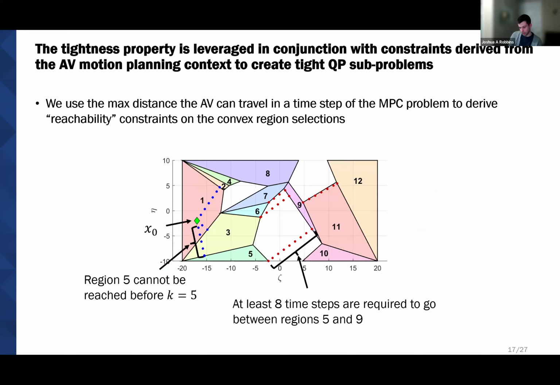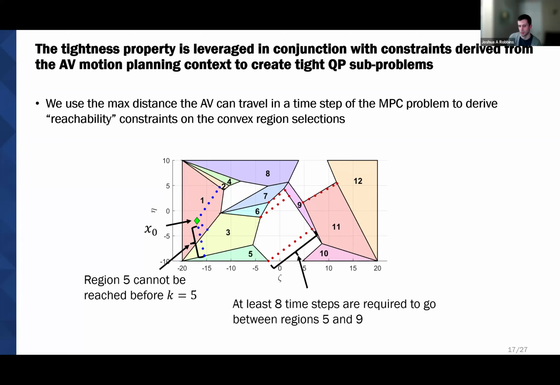So when we go to solve this multi-stage MIQP, as I mentioned, we're solving this more quickly by exploiting the hybrid zonotope properties. For instance, we're exploiting that these hybrid zonotopes are tight. This tightness property allows us, in conjunction with some constraints that we're deriving from the autonomous vehicle motion planning context, to create very tight QP subproblems. So what are those constraints?